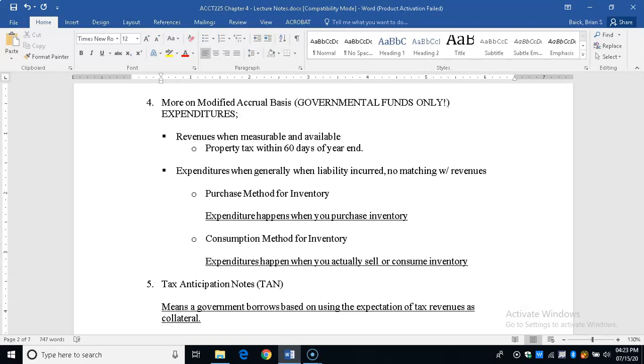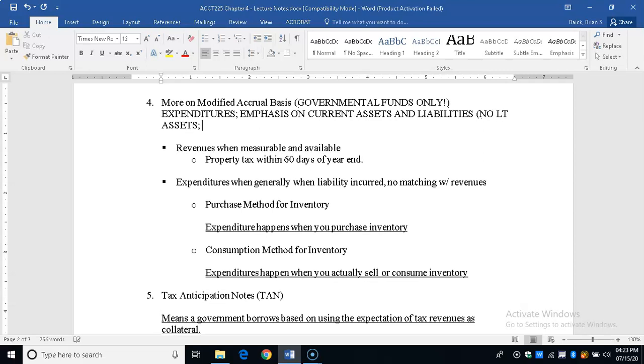We have an emphasis on current assets and liabilities. That means that we have no long-term assets, no long-term liabilities.